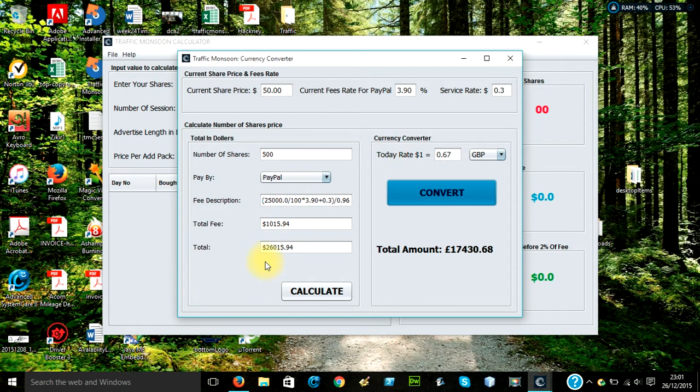This will be the main capital you are going to invest, but for the shares you only pay $25,000, and with the fee you are going to pay that. So once you use the revenue share, you need to make a profit, like you have to get your fee back and everything.